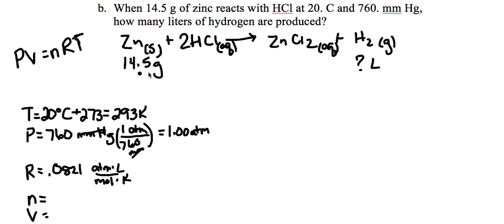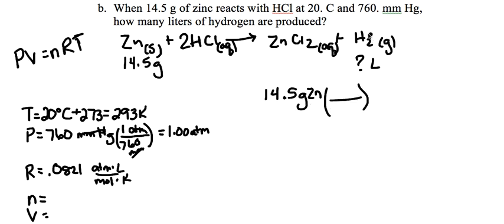However, I have this mass of zinc, and so we did stoichiometry a while ago, and with that mass of zinc, I am able to figure out the moles of H2 that should be produced. Moles of H2 is hard to measure, but it's easy to calculate. So I have 14.5 grams of zinc. I don't want to know how many grams of zinc I have.